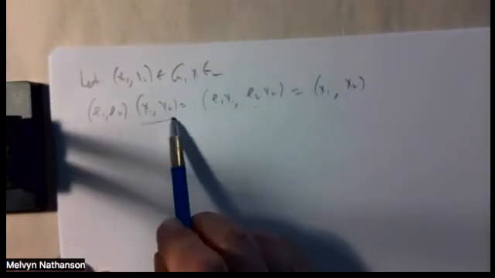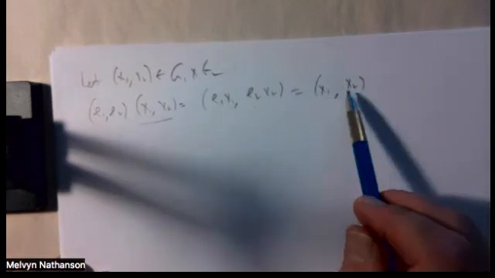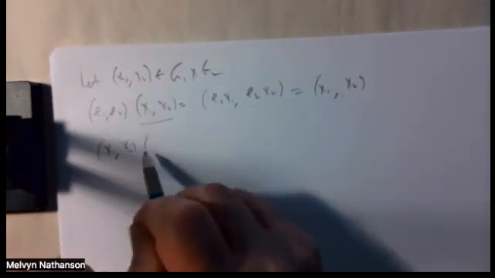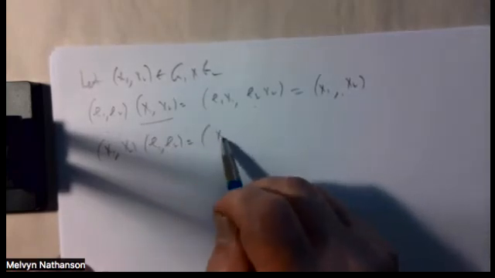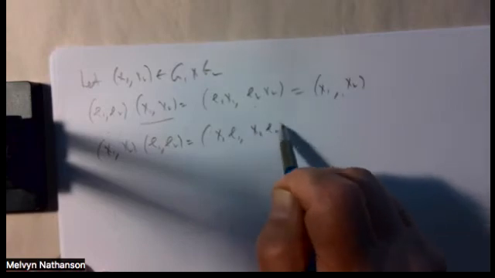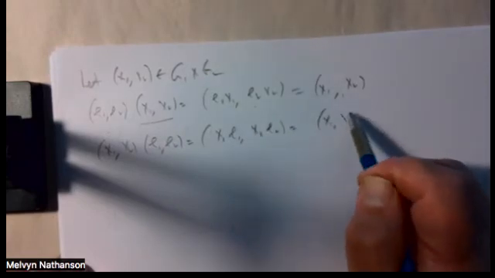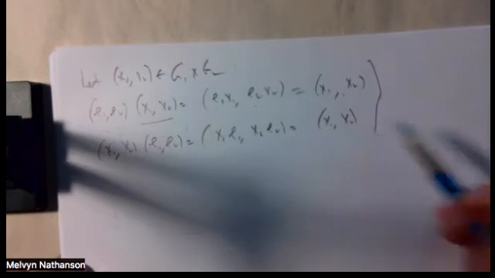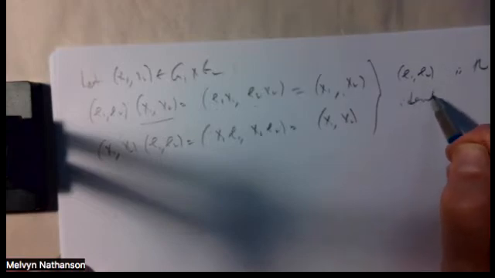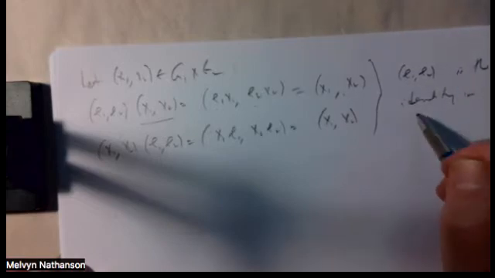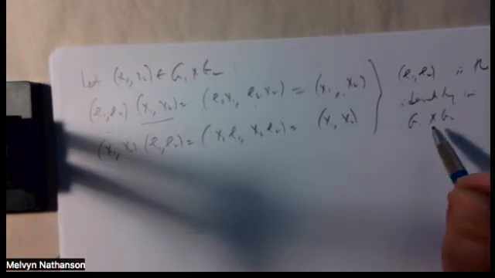So if I take any element and multiply it on the left, I get back the element. Similarly, if I multiply on the right by (e1, e2), I get (x1 e1, x2 e2), which is again (x1, x2). So you put these together and you conclude that (e1, e2) is the identity element in the product G1 × G2.